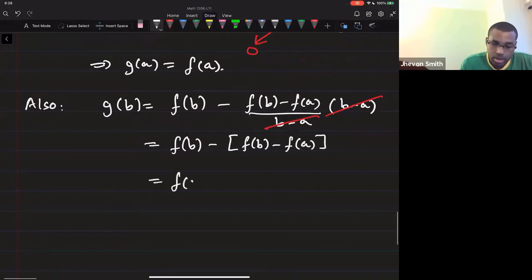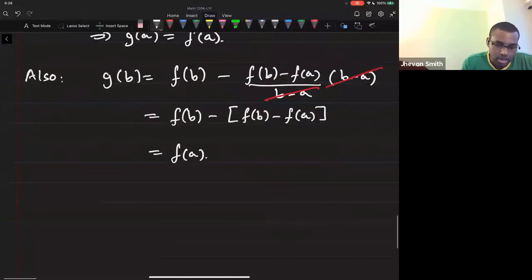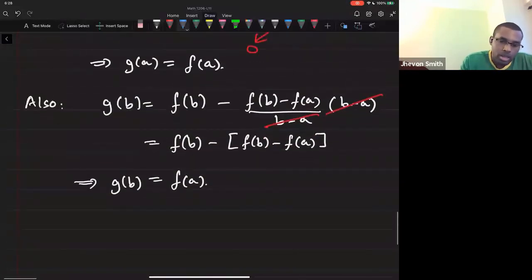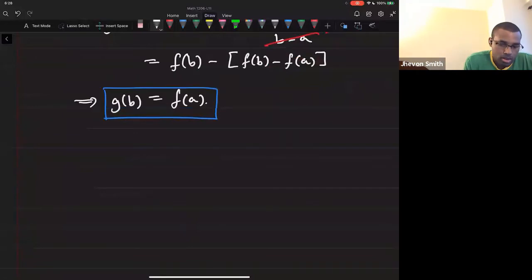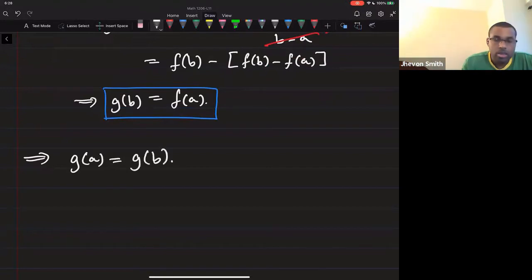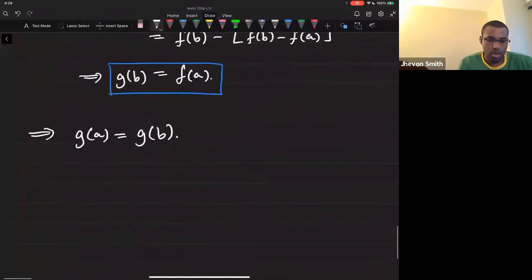And that's just f of a. So notice that our g of b is equal to f of a, and our g of a is equal to f of a. So they're both the same because they're both equal to f of a.